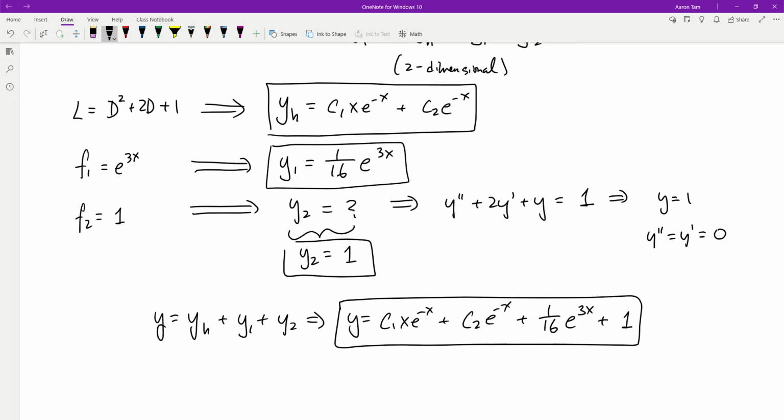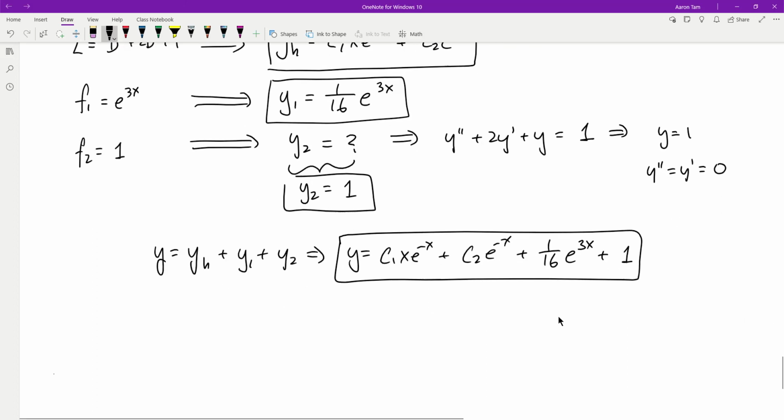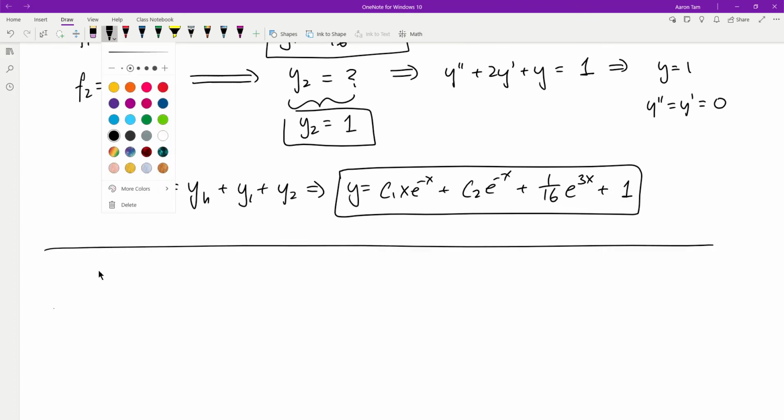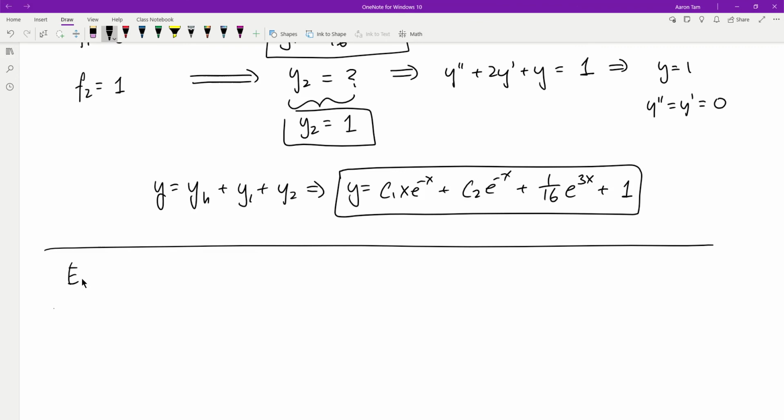Now, how about we do another example? How about we add on to this? What if now I ask you to find this? So now, how does this one work?